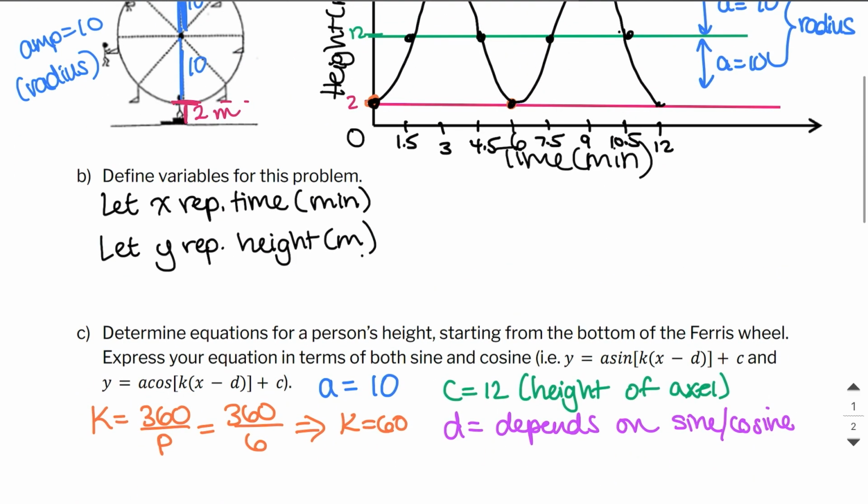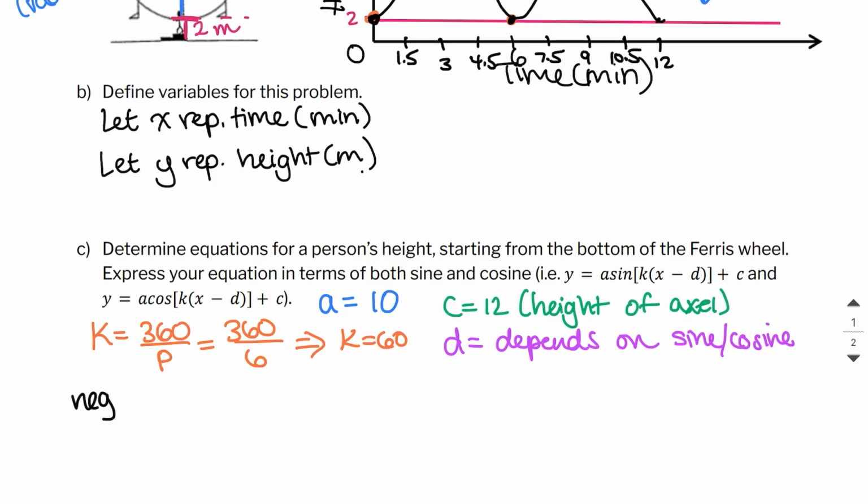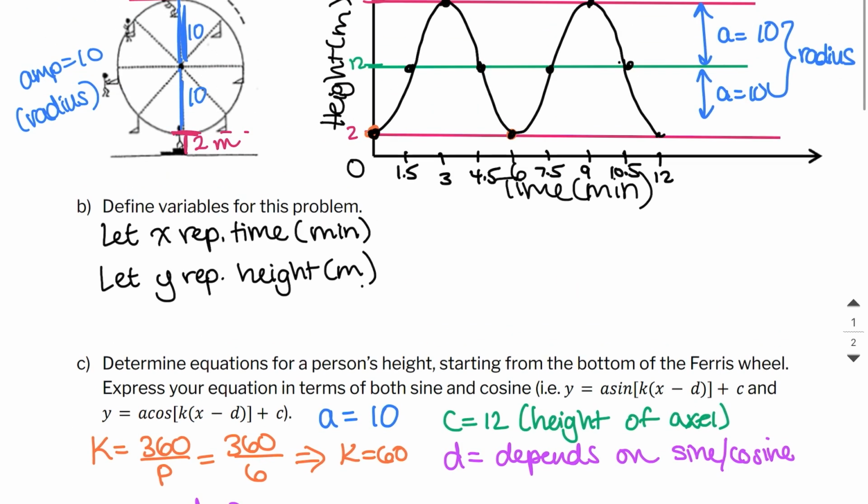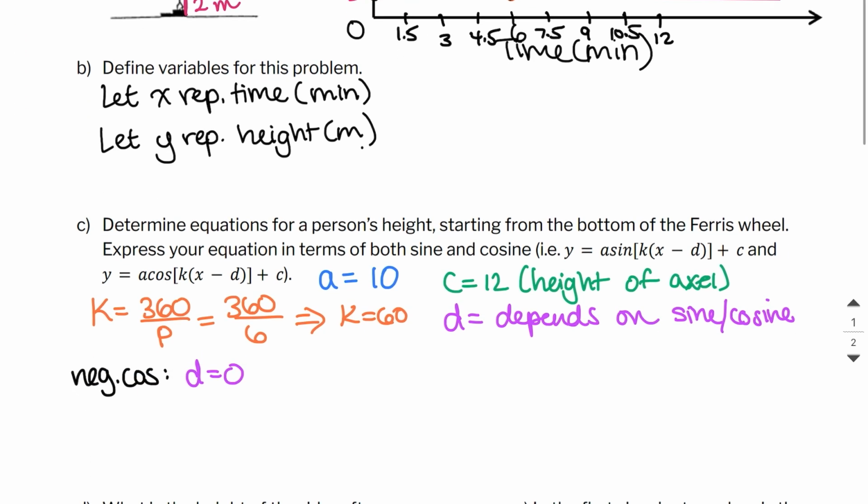So if I'm going to use a negative cosine, then our phase shift is just going to be 0 because we haven't moved it at all. It is literally starting at 0 on the min, and that's where negative cosine will start. So based on that, our equation is going to be y equals a, which is 10.